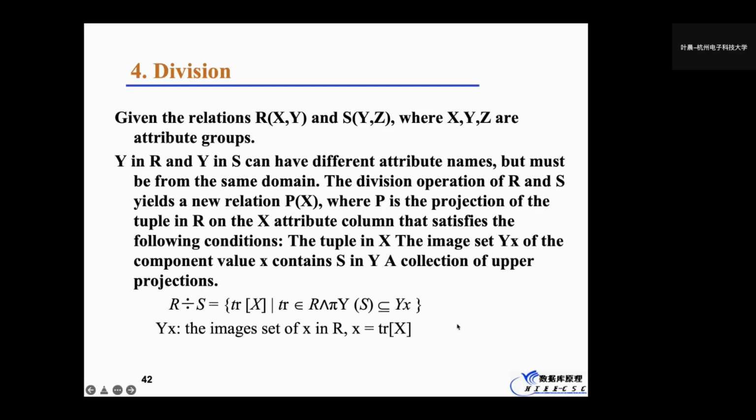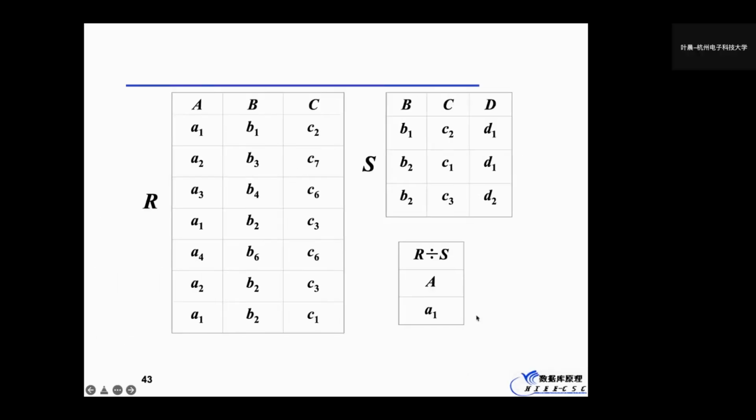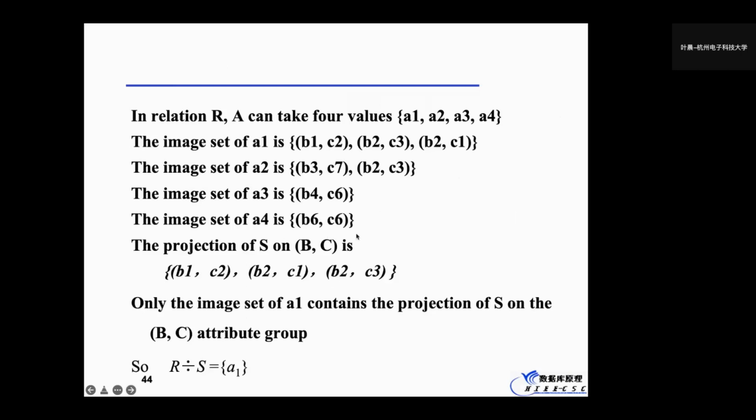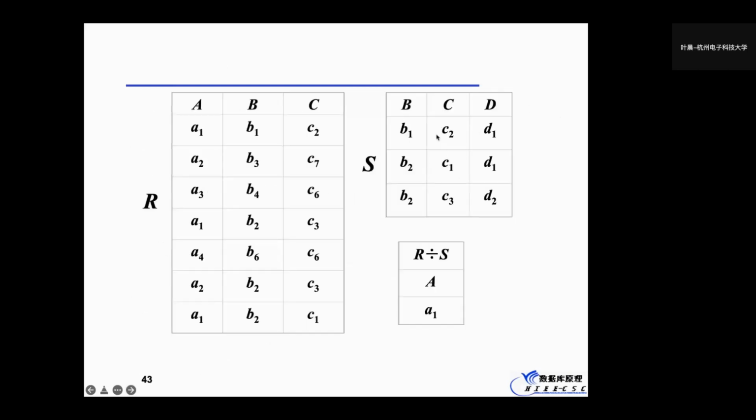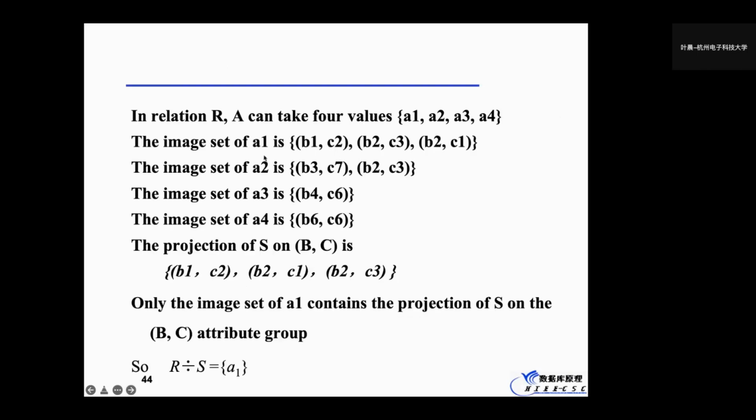So we can see this is the R relation, and this is the S relation, and for R divided by S we need to find the values which have the image set like this. So we can see here which we got like this. The image set which satisfies S is A1, only A1. So we got A1 here.